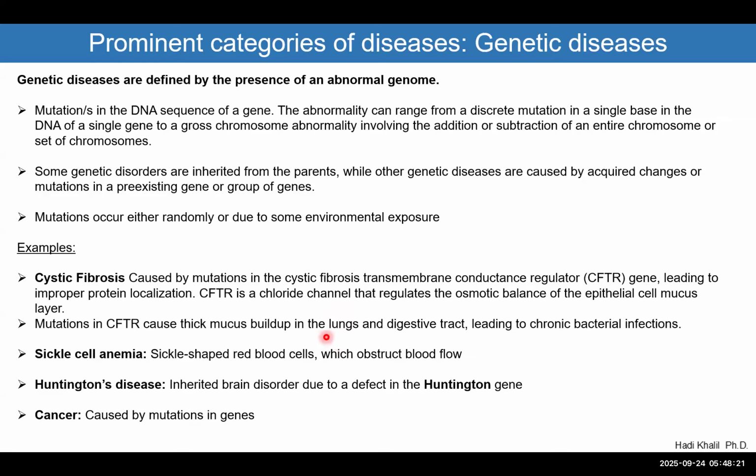And definitely when you speak about congestion in the lungs, that is lethal, because it will make the exchange of oxygen and carbon dioxide more difficult. So this is an example of a simple mutation in the CFTR gene that could definitely lead to cystic fibrosis, and it affects multiple tissues, as you can see, in the lungs and in the digestive tract.